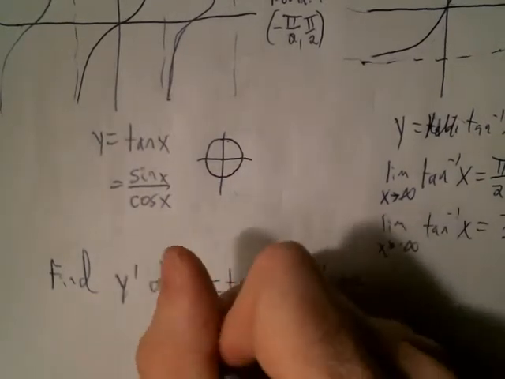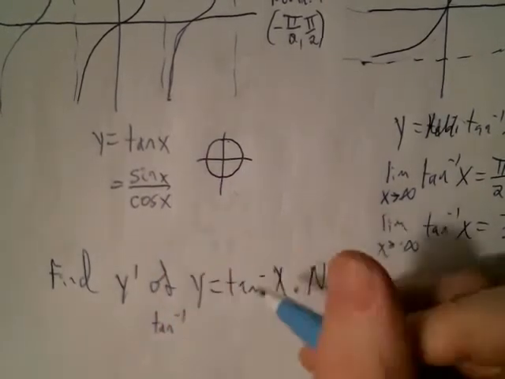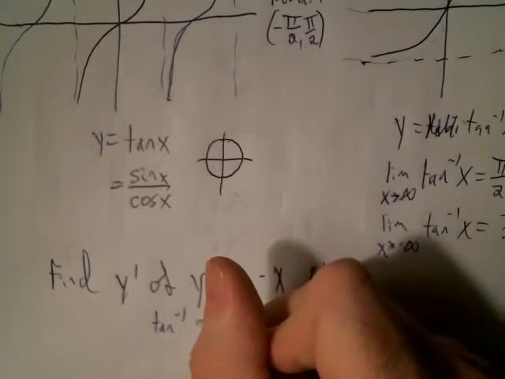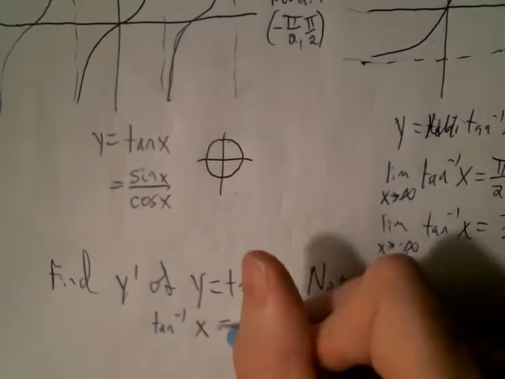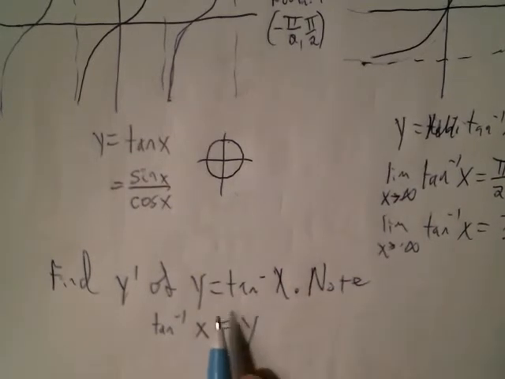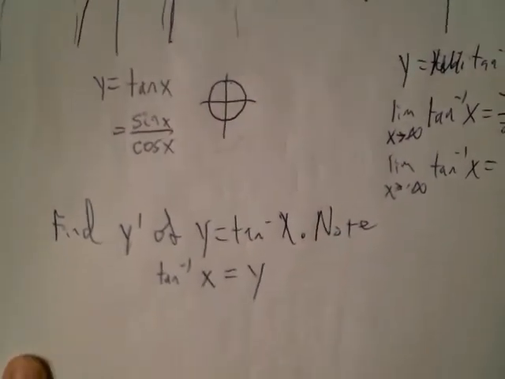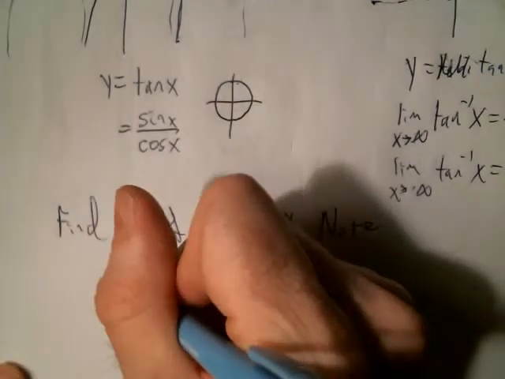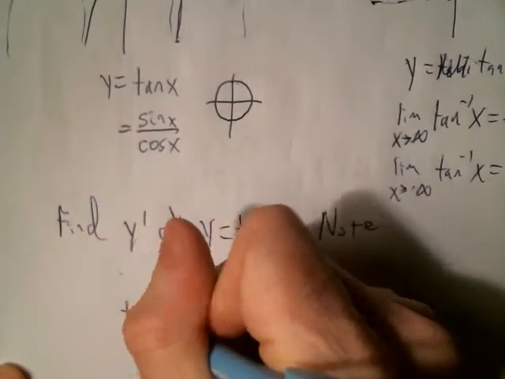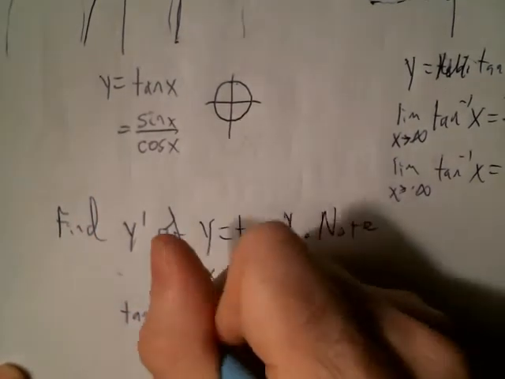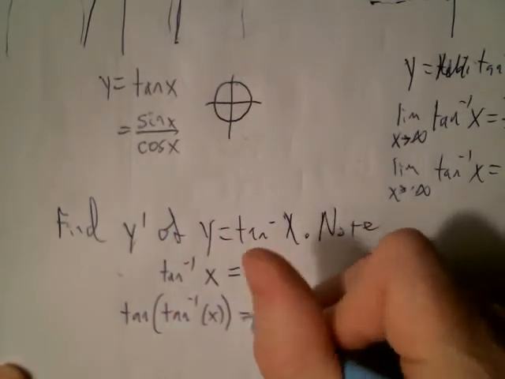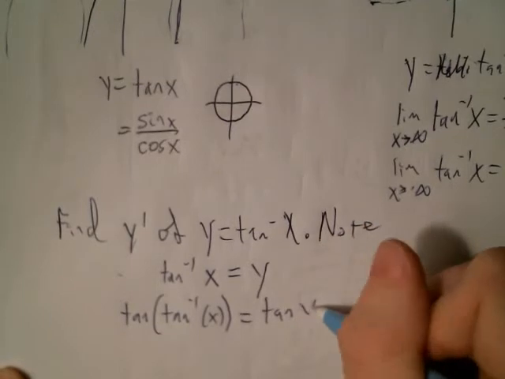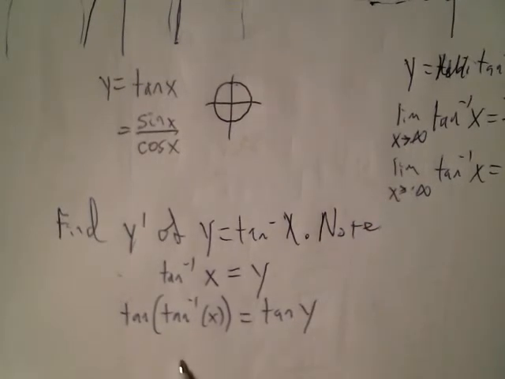If you have tan inverse of x equaling y, which is where we started, we could take the tan on both sides. So this would be tan of tan inverse of x equals tan of y on this side and this side.